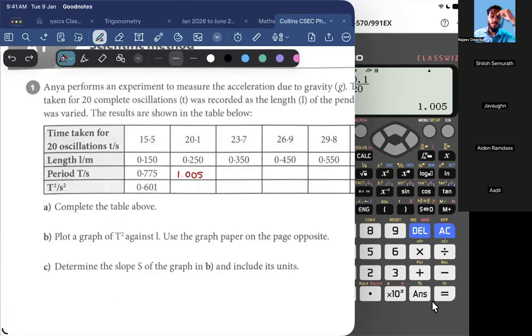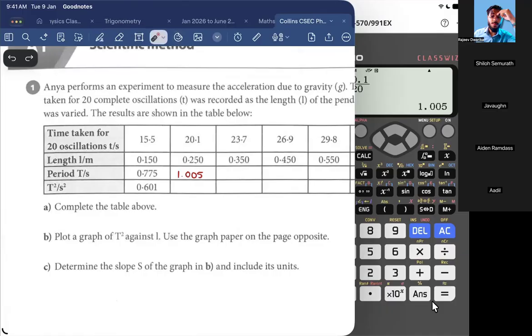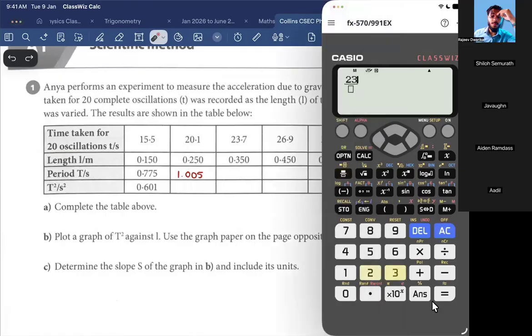Divided by 20. Yes, that's correct. Because Adil, this is the time for 20 oscillations, you know. You want to find the time for one period, which is one oscillation. So you would say 23.7 divided by 20. That's 1.185.